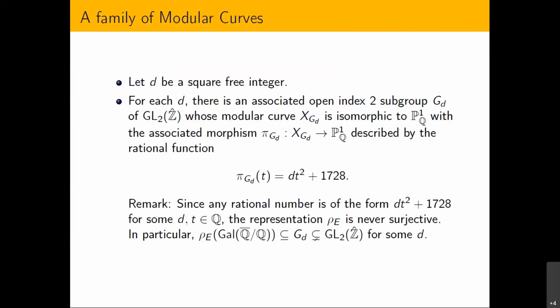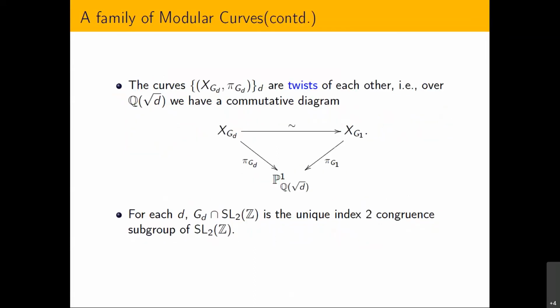These groups G_d are non-conjugate. These curves are really different over Q. Their images are different, but there is something nice that happens. If you take the quadratic field Q adjoin square root of d, these curves are twists of each other over this field. And what I mean by a twist is that there is an isomorphism X_d to X_{d'} such that this diagram is commutative.